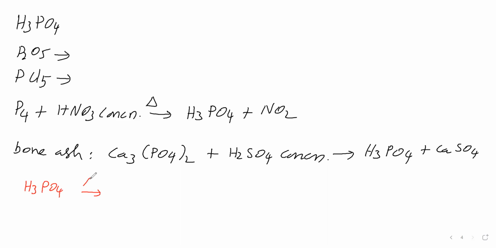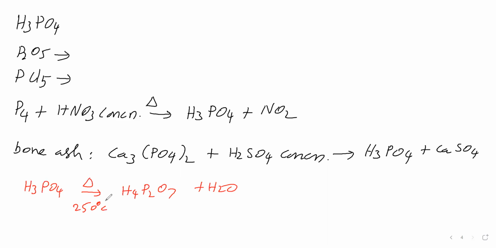Then H3PO4 on heating gives H4P2O7. Double H3PO4 and remove water and you get H4P2O7. This is possible at 250 degrees Celsius.